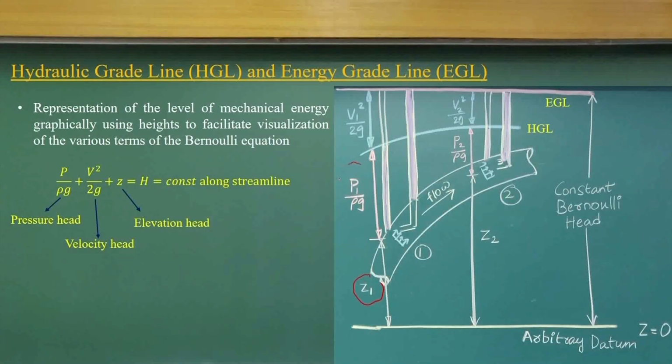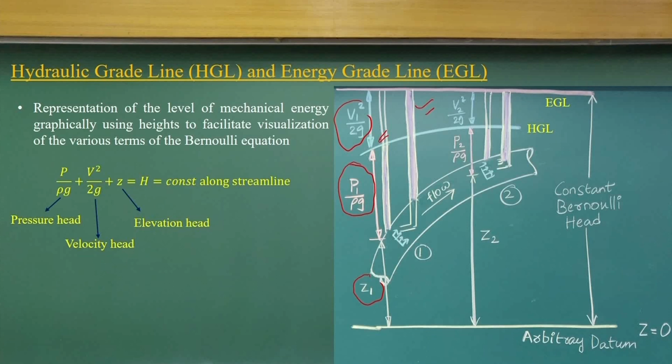And what is the difference between the energy gradient line and the hydraulic gradient line? The energy gradient line considers all these terms. That means you have Z1, this is the flow energy, this is the kinetic energy. If you do not have the kinetic energy or the velocity head, then we have the piezometric line. If you consider the velocity head, then we have the energy gradient.